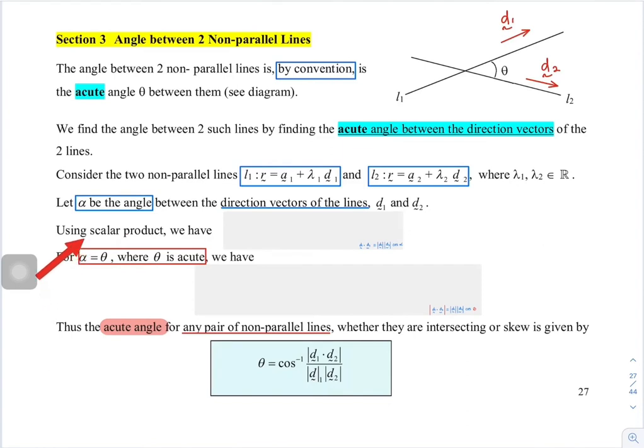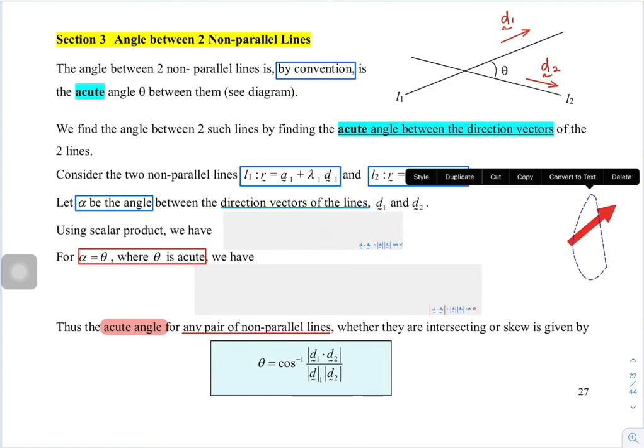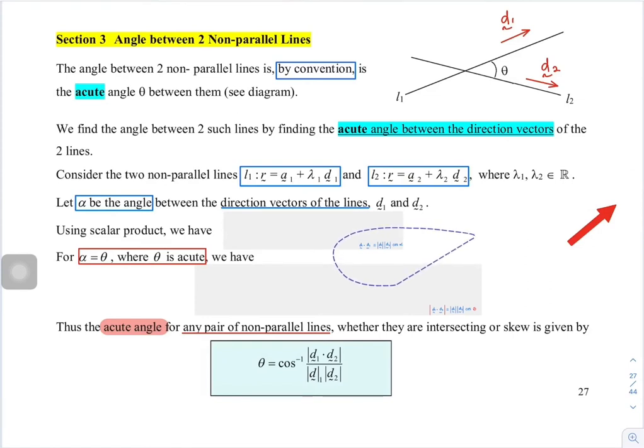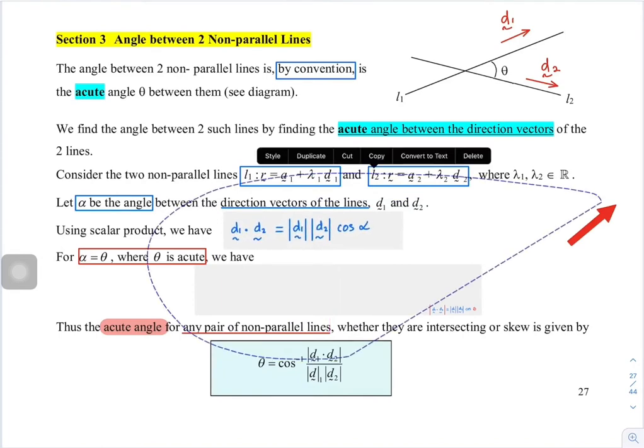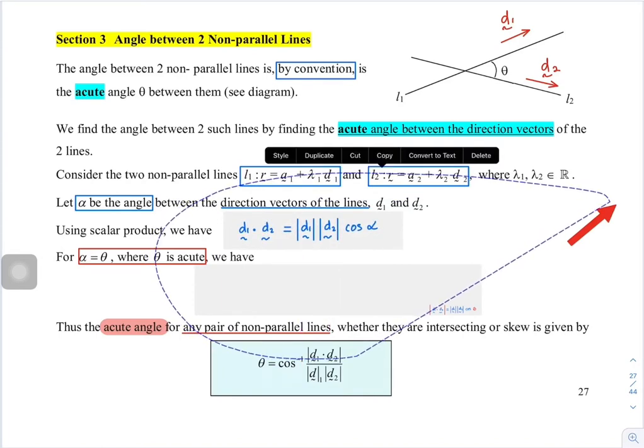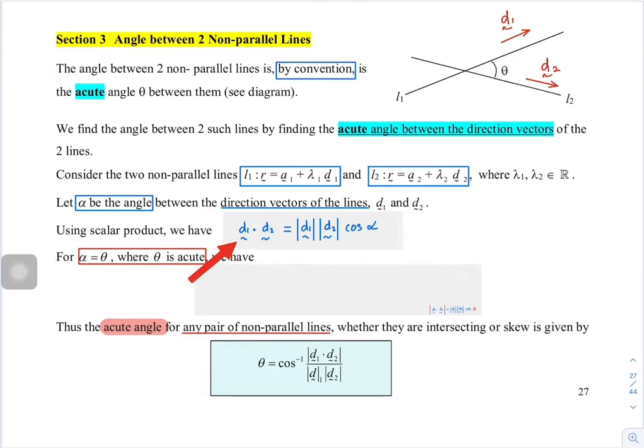Now, if we let alpha be the angle between the direction vectors of the two lines, by using the definition of the scalar product that we have seen before in vectors 1, the dot product between the two direction vectors is defined as this. D1 dot D2 is equal to the magnitude of D1 times the magnitude of D2 times the cosine of the angle between the two direction vectors.